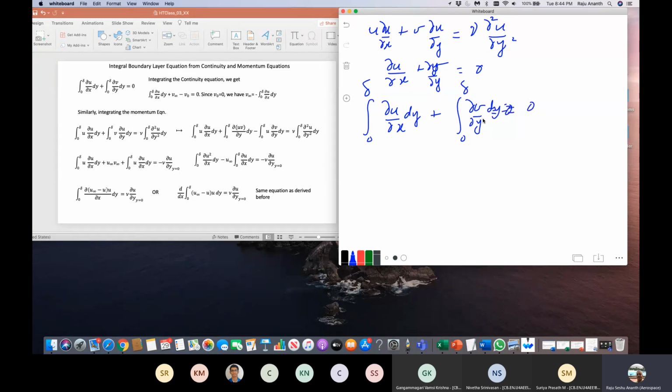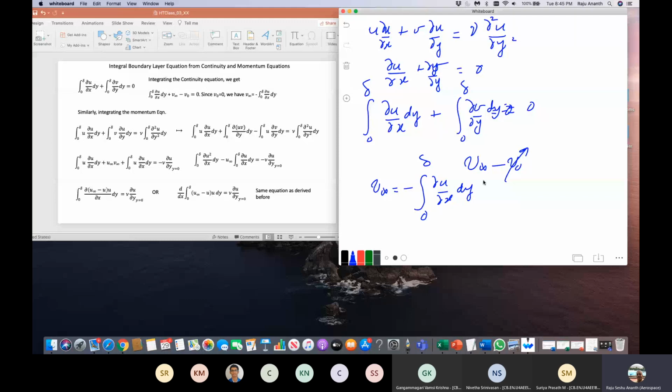Okay, now here I can integrate this. So I get v at delta, which means infinity, minus v at 0. So v at 0, at the plate, is going to be 0. So I get v infinity, v infinity minus 0, equals the integral from 0 to delta of du/dx dy.